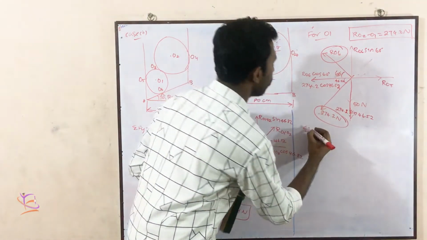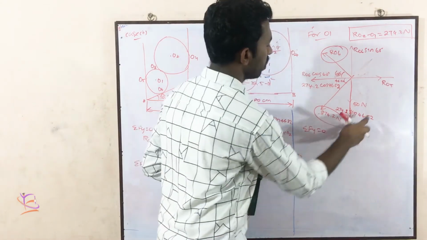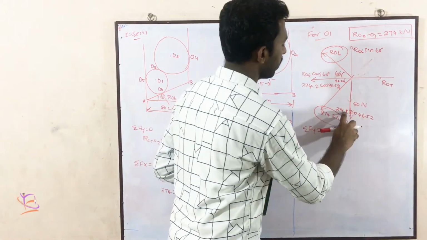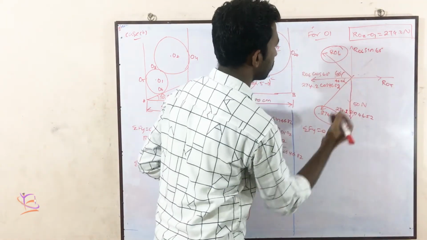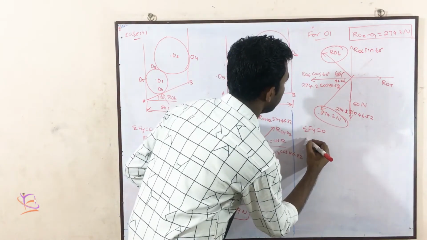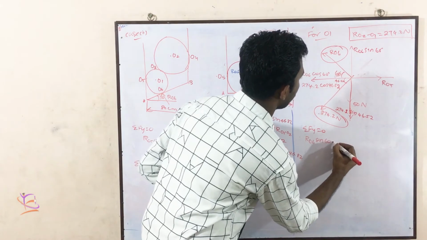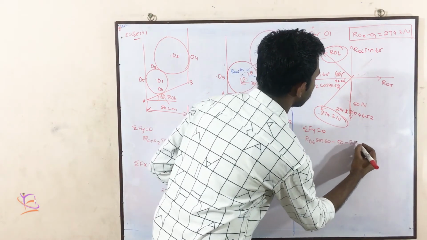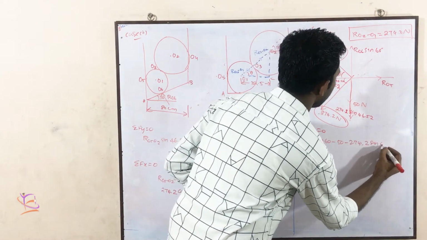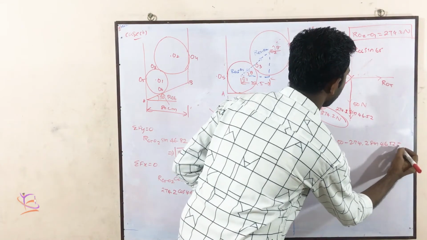So first we can go with summation Fy equal to 0. The weight is 50, no problem. Here the only unknown is this. That is the positive direction. RO6 sin 60 minus 50 minus 274.2 sin 46.52 equal to 0.